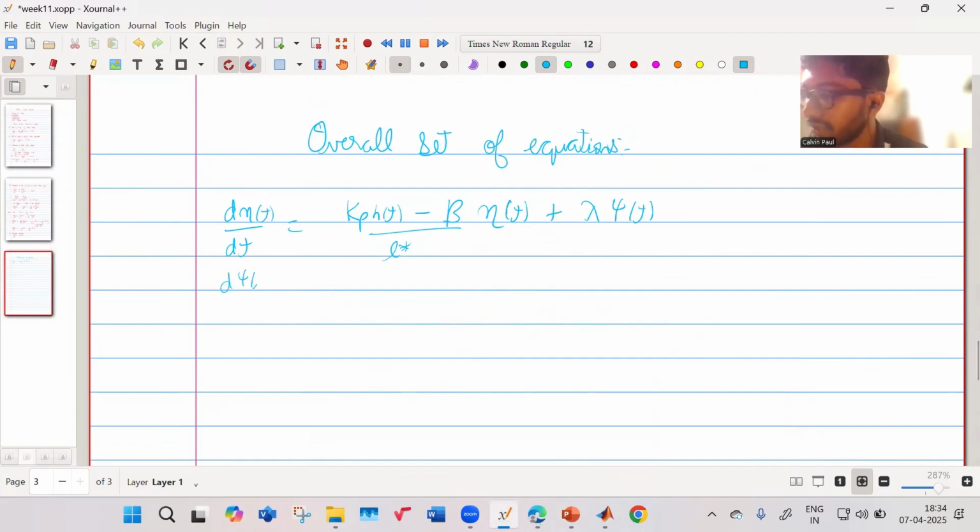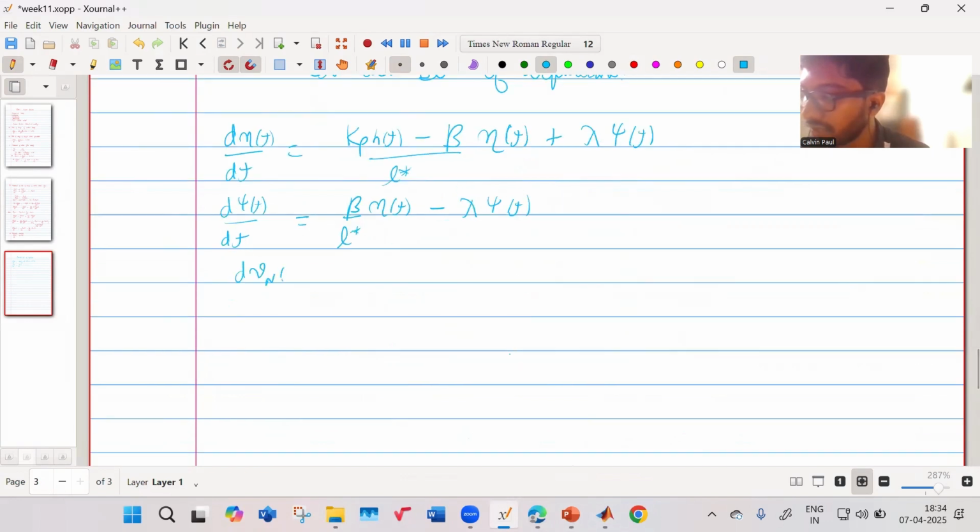Now dC of t upon dt is equal to beta upon L star n of t minus lambda into C of t. This is one case.